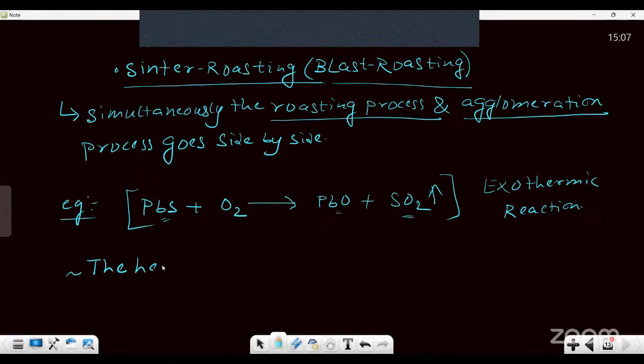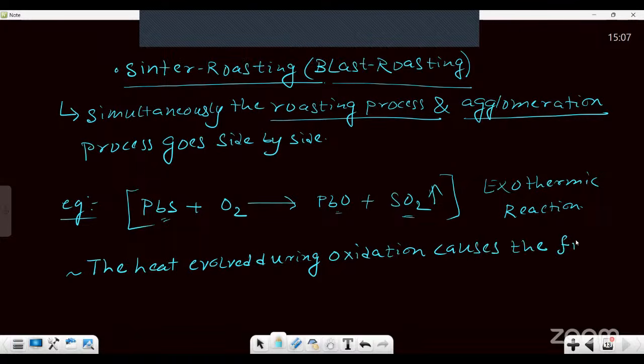The heat evolved during oxidation causes the fine particles to soften and fuse together.